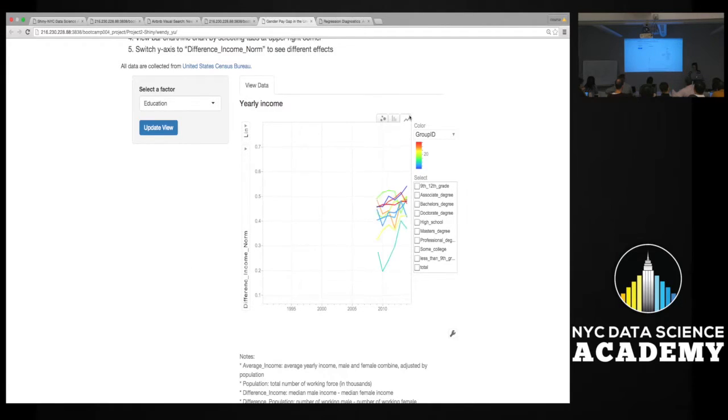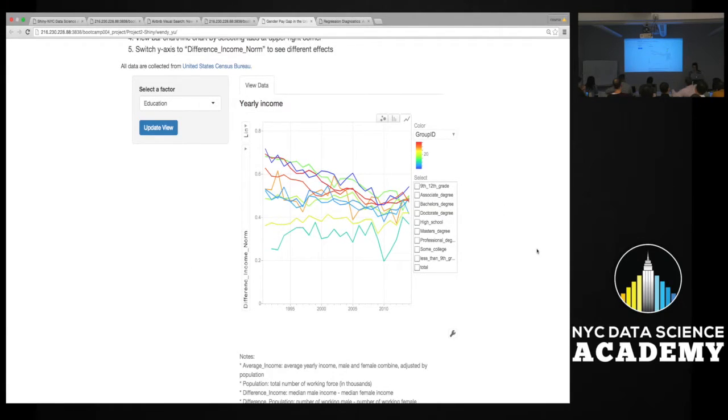And we can view this as a line chart. The first thing to notice here is a general decreasing trend. That means the gender pay gap is actually decreasing, but then you can see it start to flatten out for about the past 5 years.